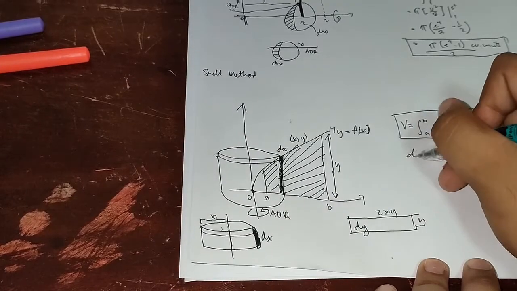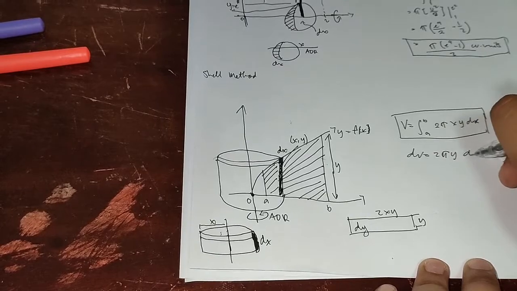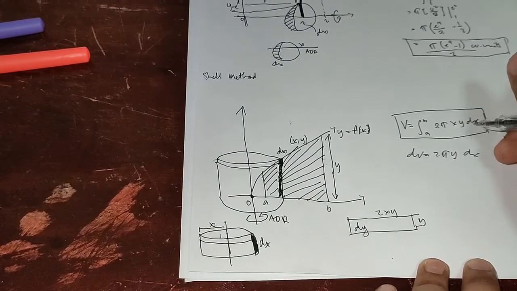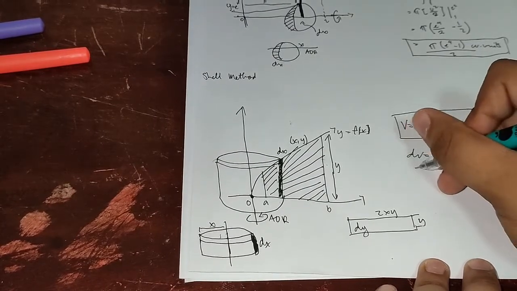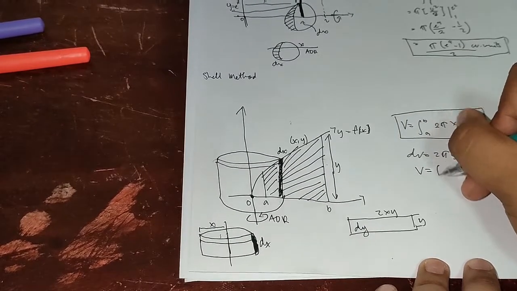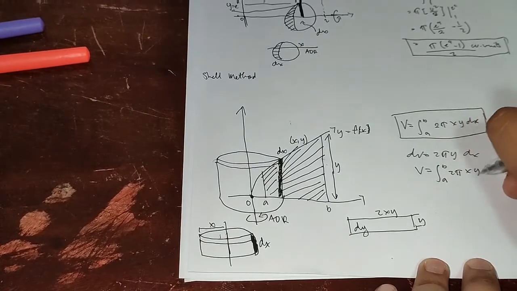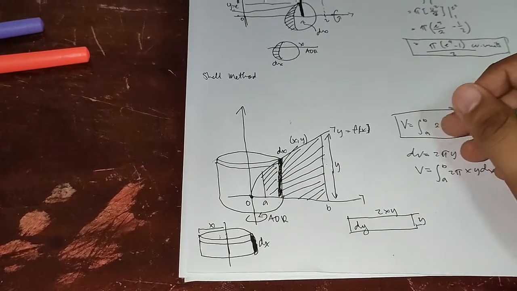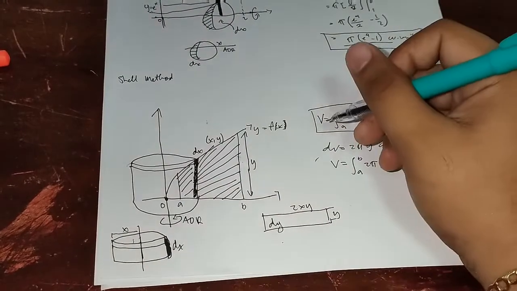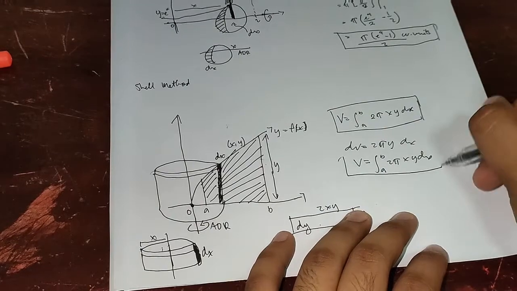So dV equals 2 pi x y dx, and this is the formula for the shell method.